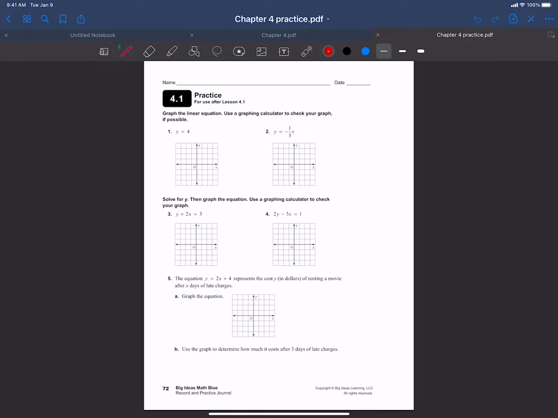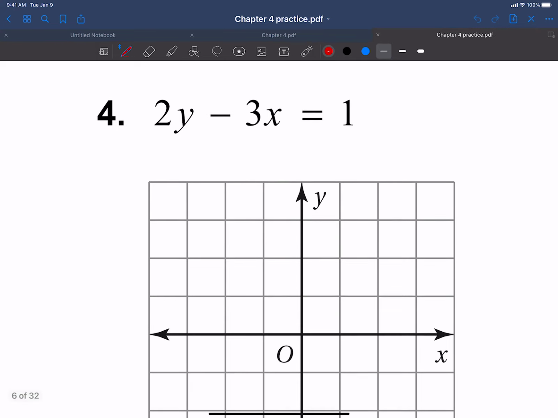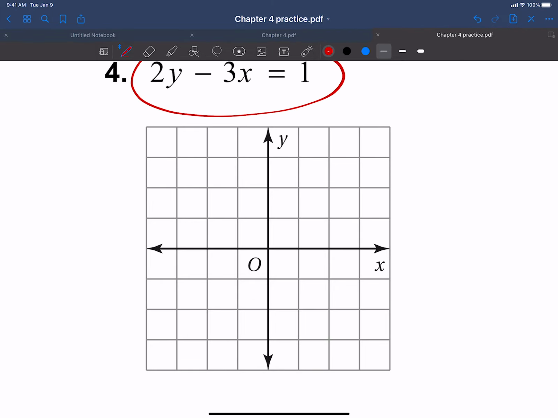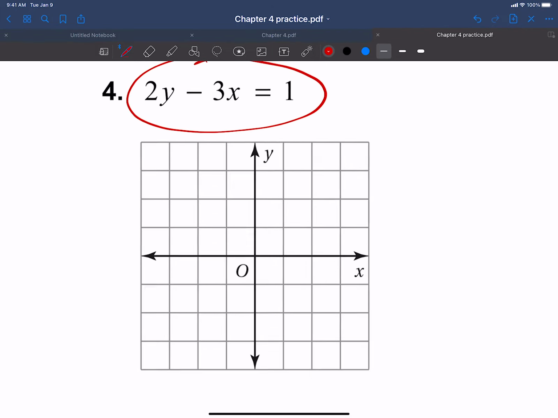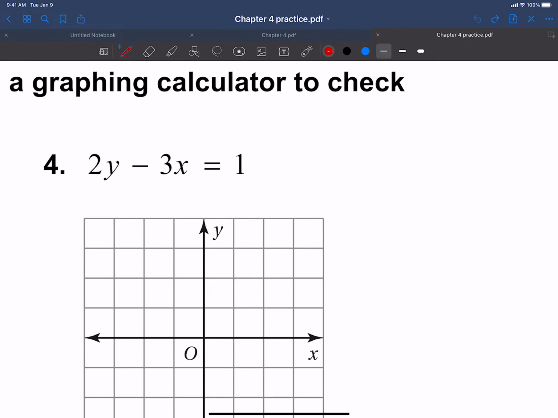Okay, here's your check-in problem. You are going to try to get y by itself. You don't need to graph it, okay? Because I don't want you to have to make up a wonky graph. Here's your job: get y by itself. So here's your check-in, right? You got 4.1 part 2.